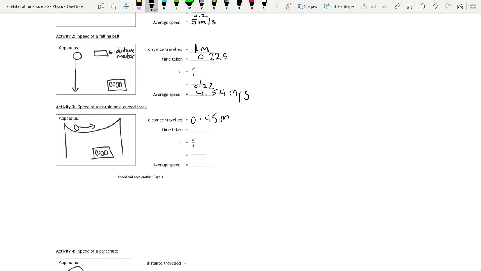And the time taken for it to travel that is 1.2 seconds. So if we find the speed of that, it's distance, so 0.45 divided by the time, which is 1.2. So 0.45 divided by 1.2, and that comes to, when you put it into your calculator, 0.375 meters per second.